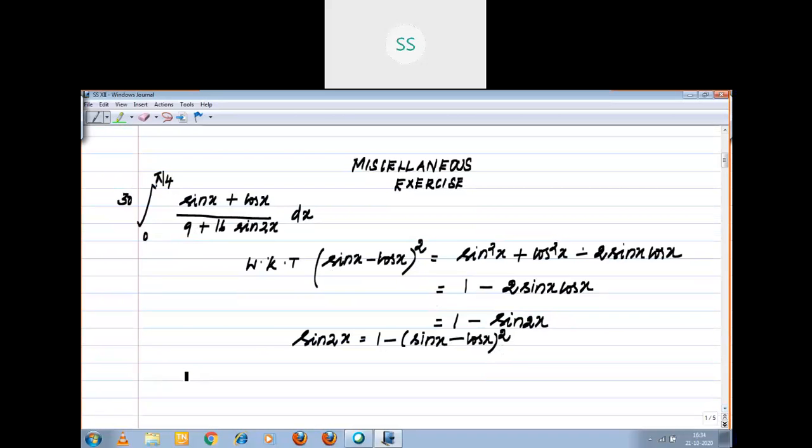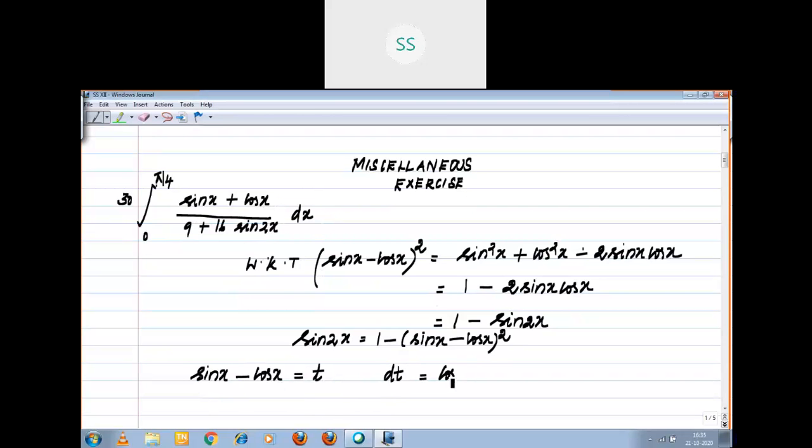Now, you are going to adopt the substitution sin x minus cos x equals t. Now you are going to differentiate. While doing the differentiation of the denominator, sin 2x can be replaced by this, and you will arrive at the result of the numerator. dt equals, what is the differentiation of sin x?